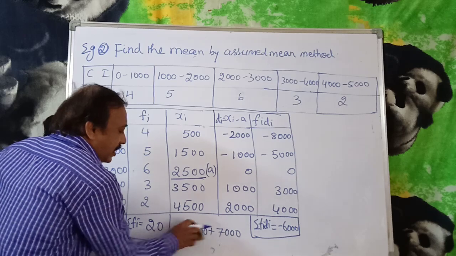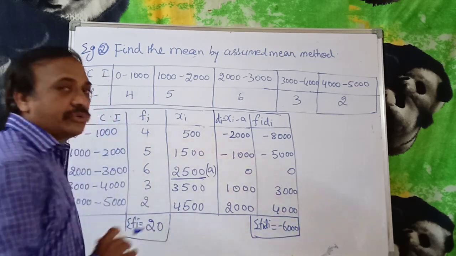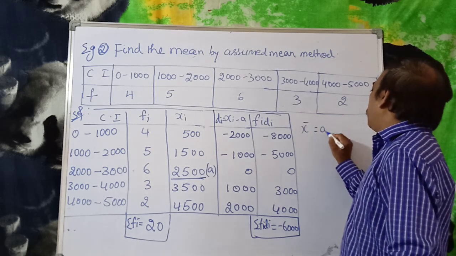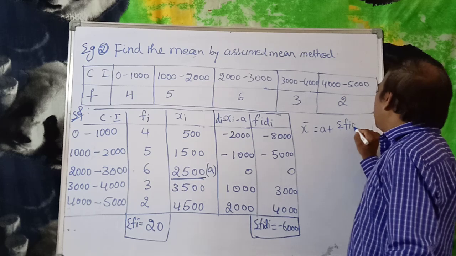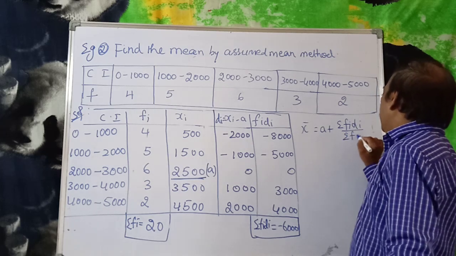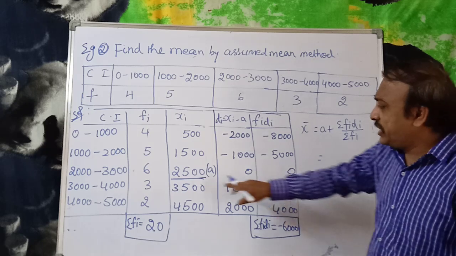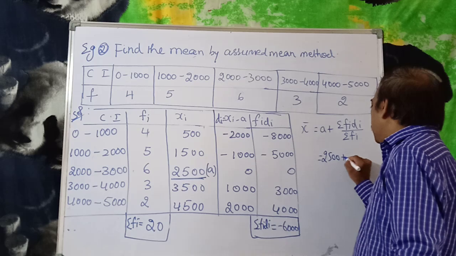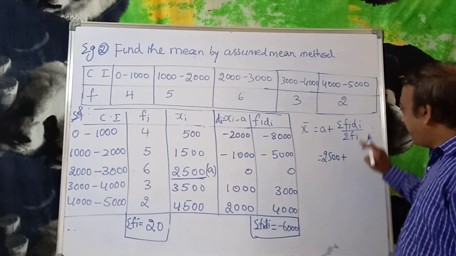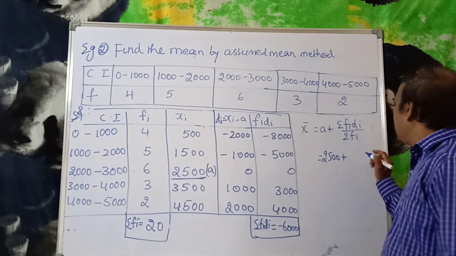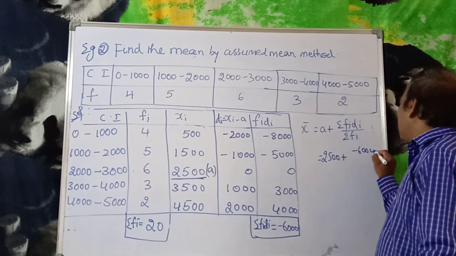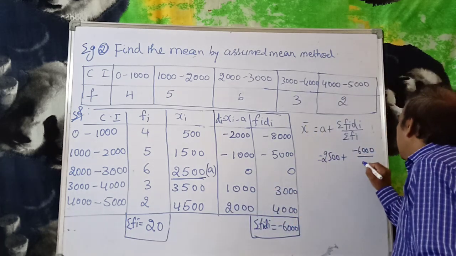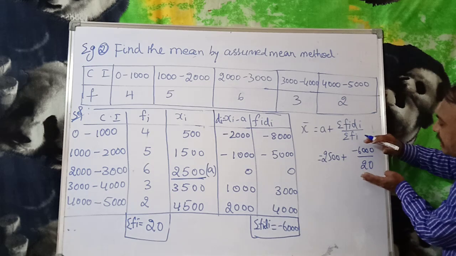Now we know the values of all that are required to substitute in the formula. X bar, the mean, is equal to a plus sigma fi di by sigma fi, which is equal to the a value we assumed, 2500, plus sigma fi di value, minus 6000, by total sigma fi, which is 20. First simplify this value.